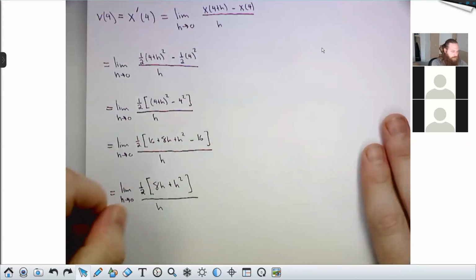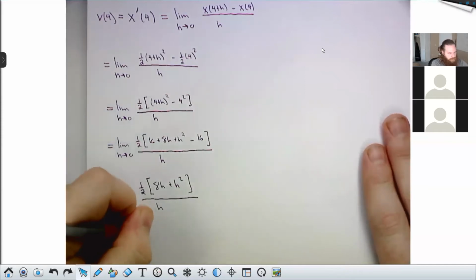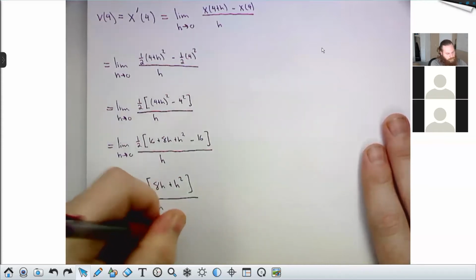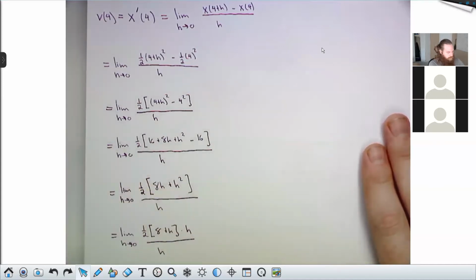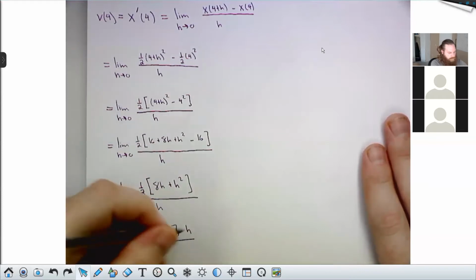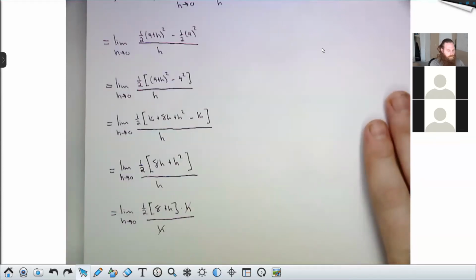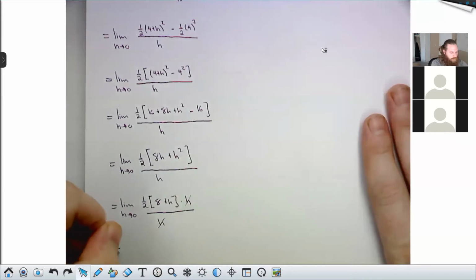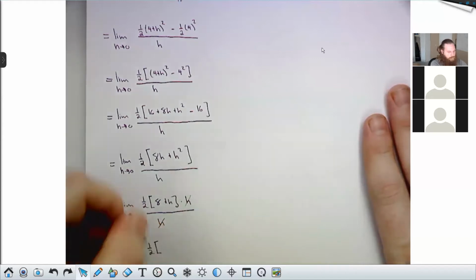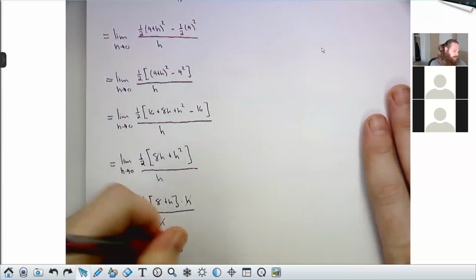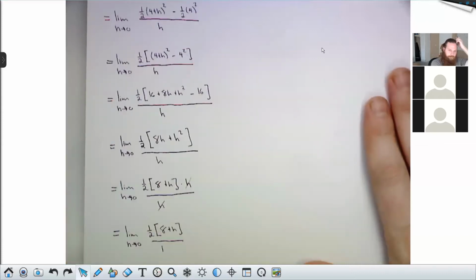And then you can factor out an h. This is the limit as h goes to 0 of 1/2 times 8 plus h times h, all over h. And we can cancel the h's. The bottom will become a 1. So I'm left with the limit as h goes to 0 of 1/2 times 8 plus h, all over 1.